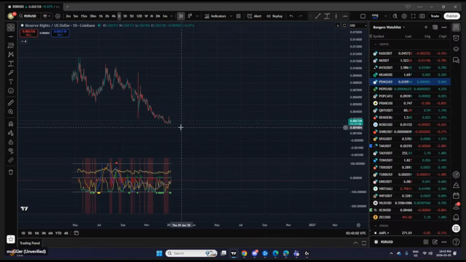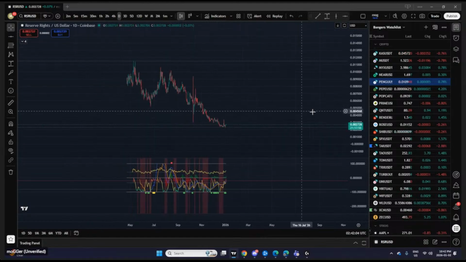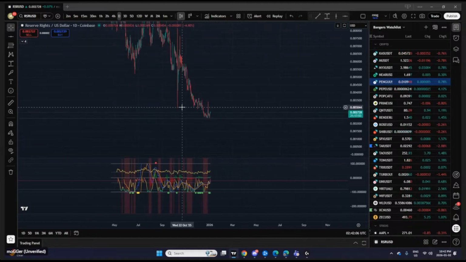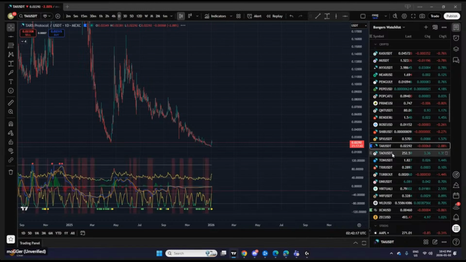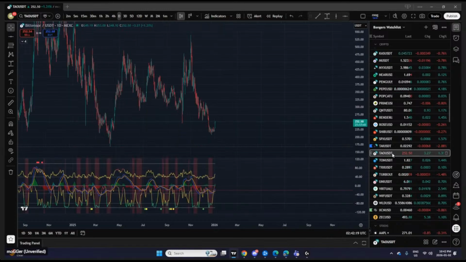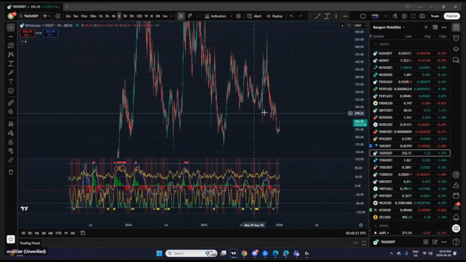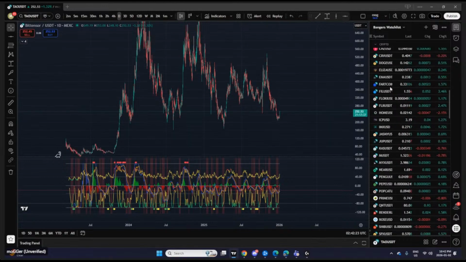Looks like a lot of coins didn't find a lower low here, right? If you look at, well, I guess that one did. This one did. Maybe they all did, I don't know.